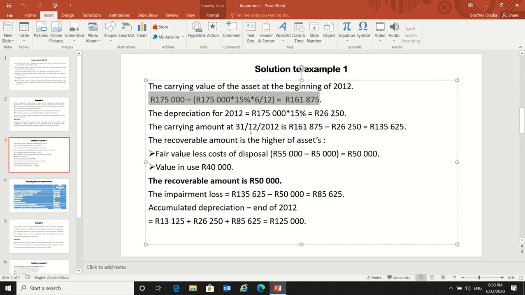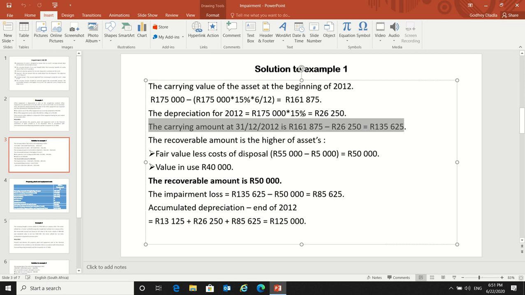That is 2011. In 2012, the depreciation is 26,250. Right. Now, on that date when the impairment was done, which is this one, do you see how much the carrying amount of this asset is?